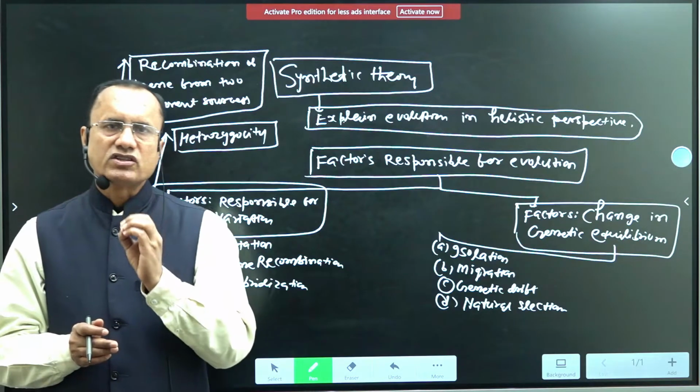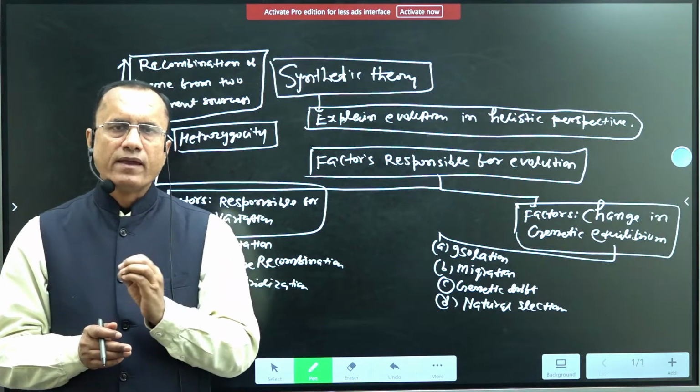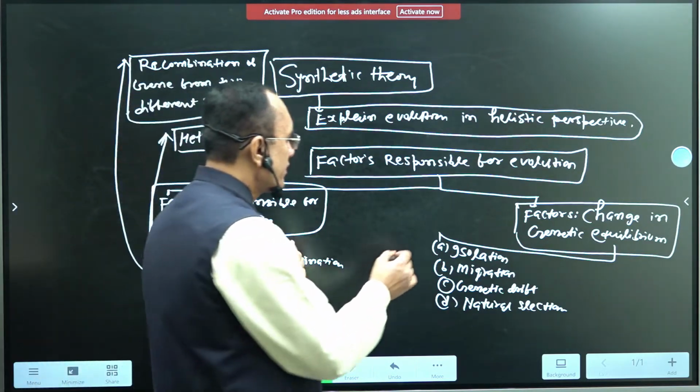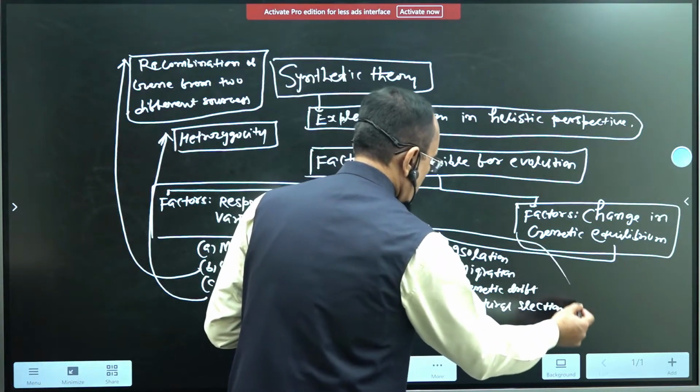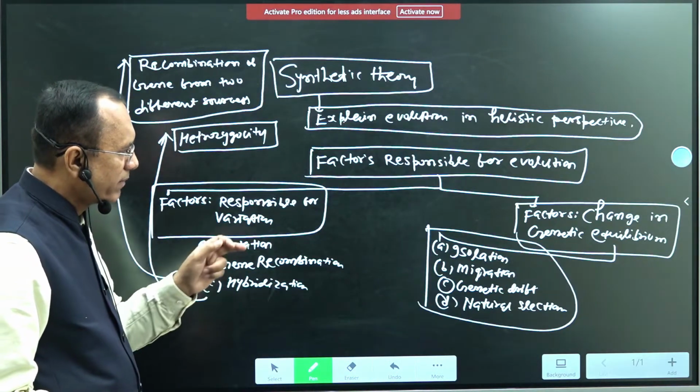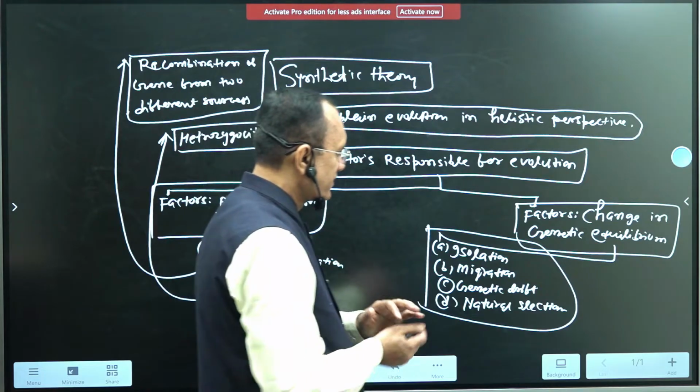Therefore, hybridization also plays a very important role in evolution. And here you have to understand the role of these important factors: isolation, migration, genetic drift, and natural selection.